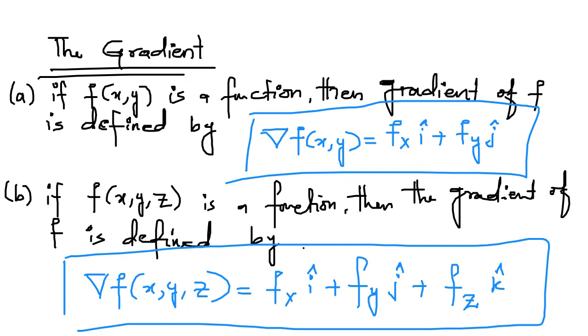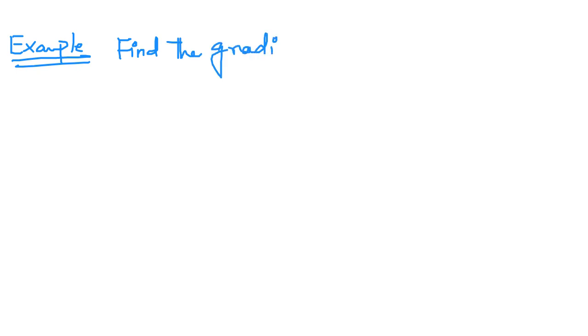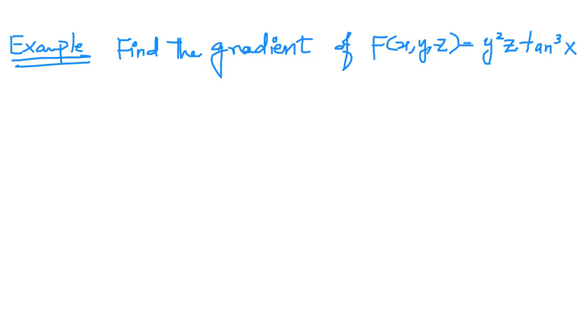Okay, for example, if the question is: find the gradient of the function f of x, y, and z, which is equal to y square z tangent power 3 x, at the point pi by 4, minus 3, and 1.